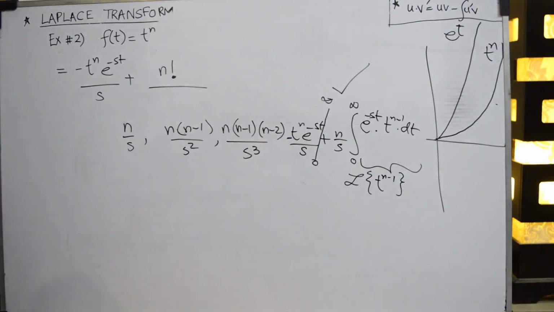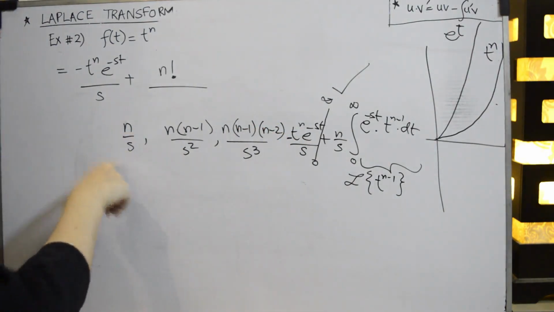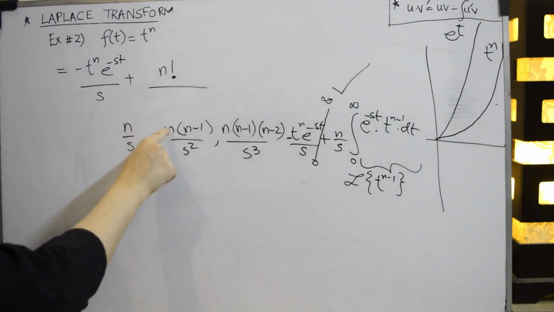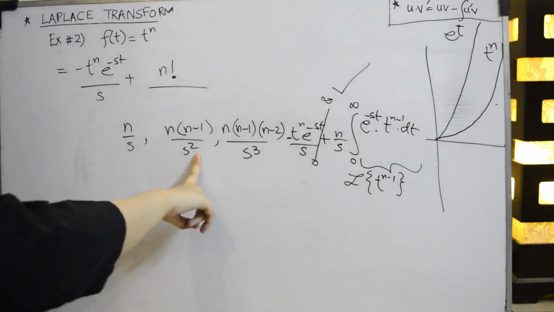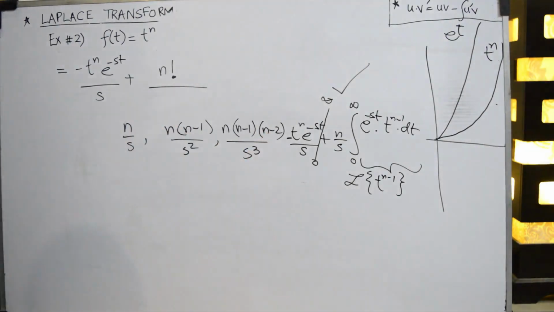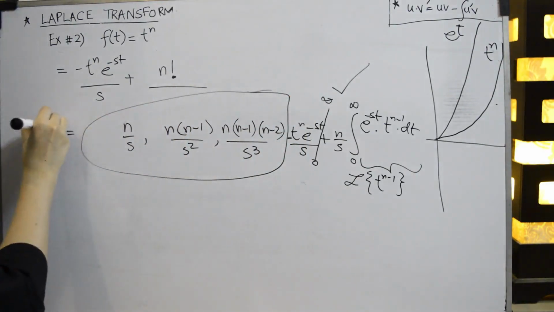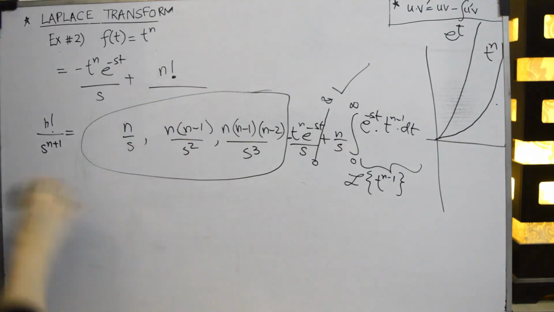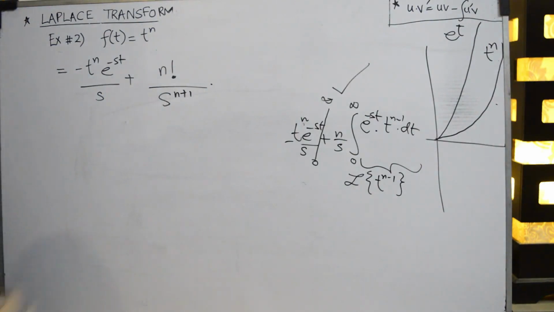You can see the pattern behind this: if n is 0 then it is s to the power 1, if n is 1 then s to the power 2, and if n is 2 then it is 3. So the generalized term is n factorial by s to the power n plus 1. So this is the Laplace transform of this.